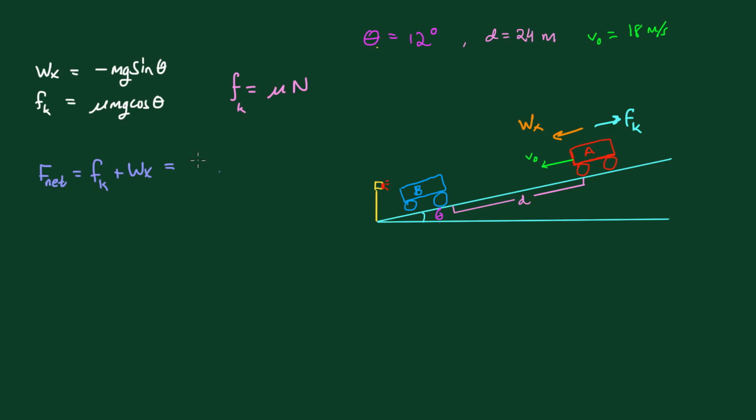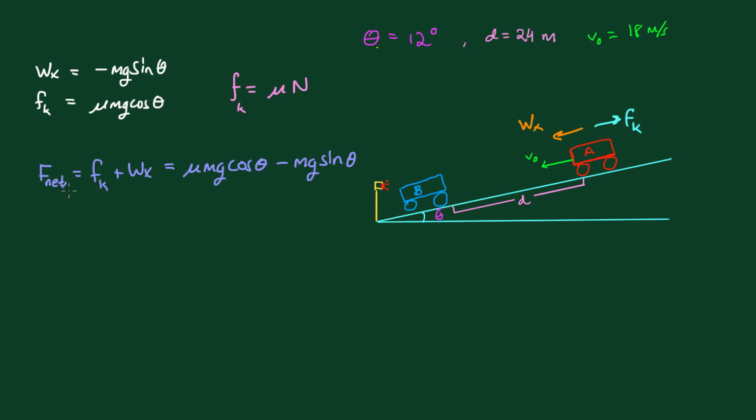Okay, and that's going to simply be mu times mg cosine of theta minus the value of Wx. So that's going to be minus mg sine of theta.